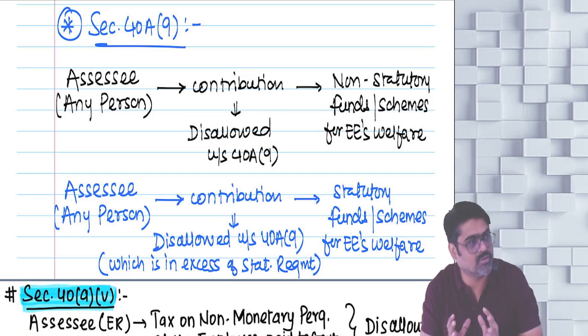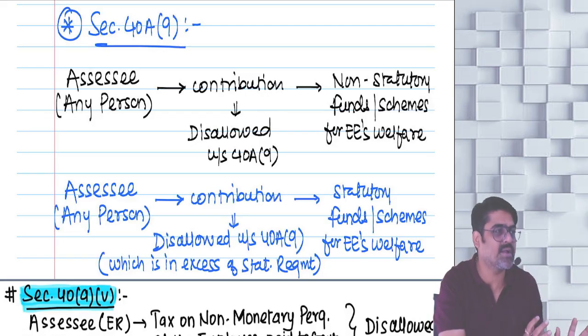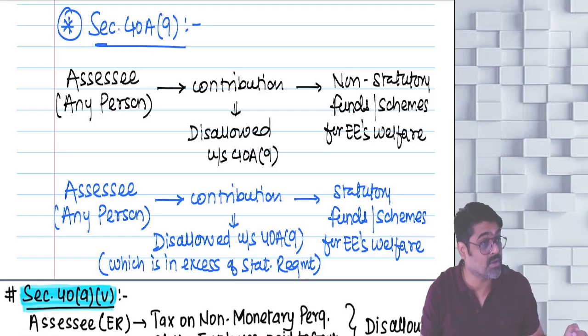And just because you are contributing to that fund right now will not allow you to take the deduction of this contribution, because this contribution is actually not spent for your employees right now. And what is the guarantee that it will be spent in the future also?